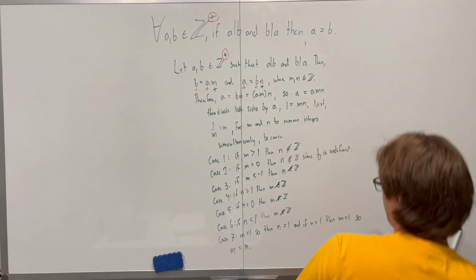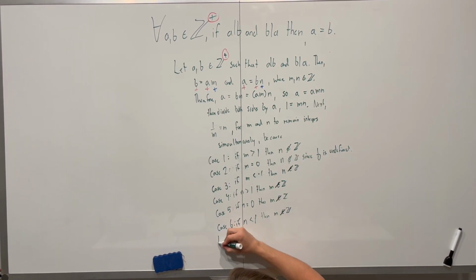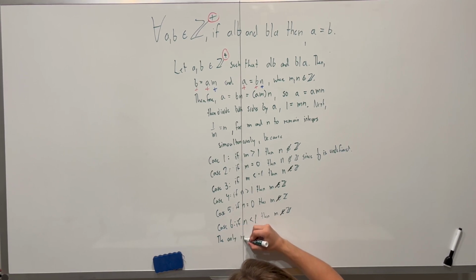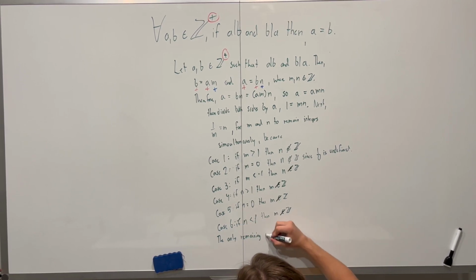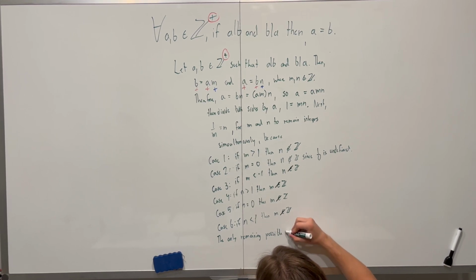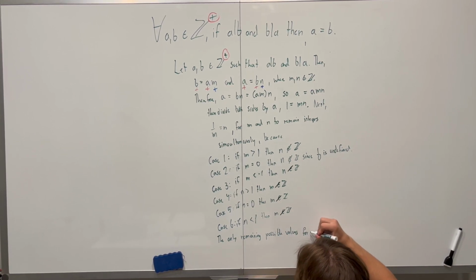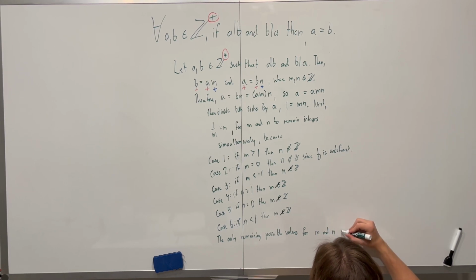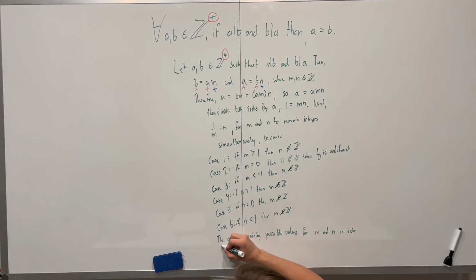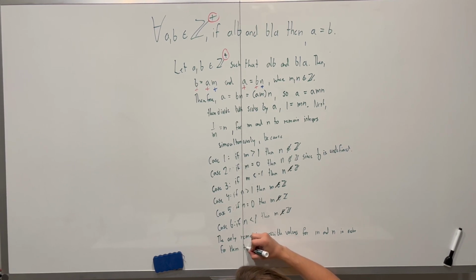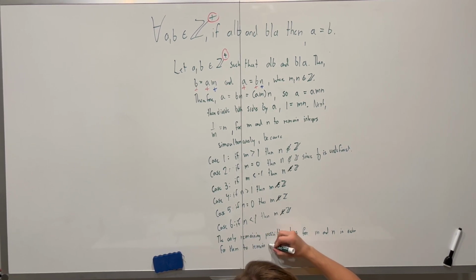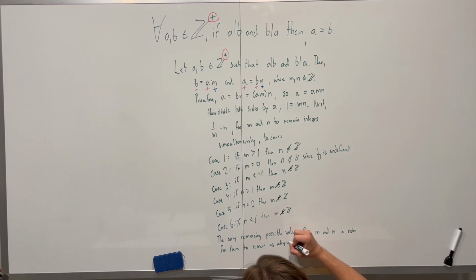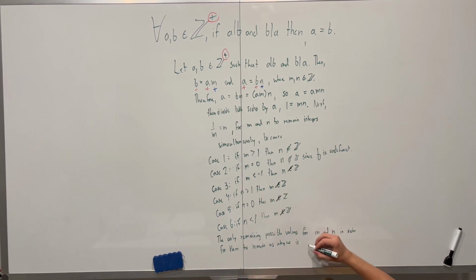Or let me rewrite this. The only remaining possible values for m and n in order for them to remain as integers is m is equal to -1 or m is equal to 1.